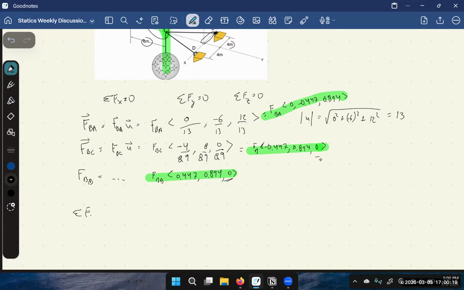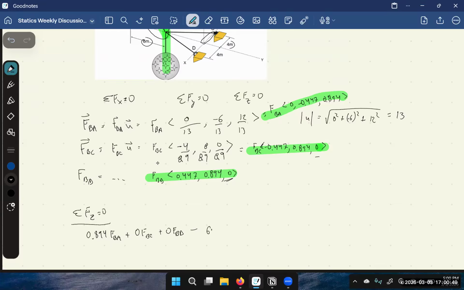So let's do sum of forces in the z-axis. We got 0.894 FBA. That's from this top one here. Then we have plus 0 FBC, sorry, forgot the C there. And then plus 0 FBD. And we have a minus of this weight.